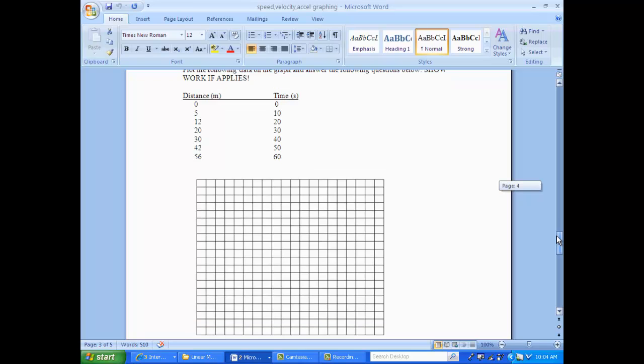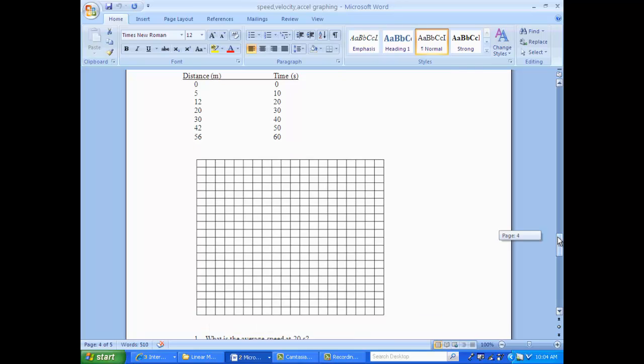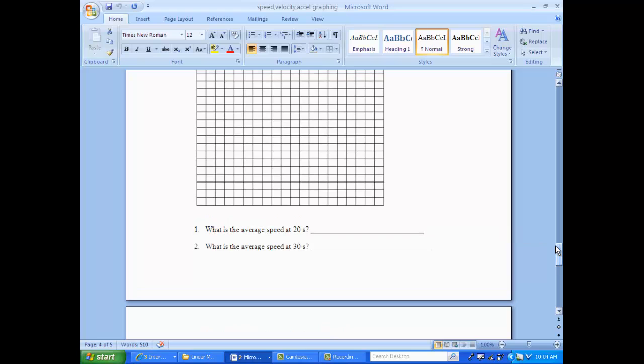So this is a distance versus time graph. There was one question that I was concerned with that people might have a difficult time on. I'm giving you distance and time, so I'm giving you enough information to find out what the speed of the object is based on the slope. The question that I think people may have had a difficult time with is I have you calculate the average speed at 20 and 30 seconds.